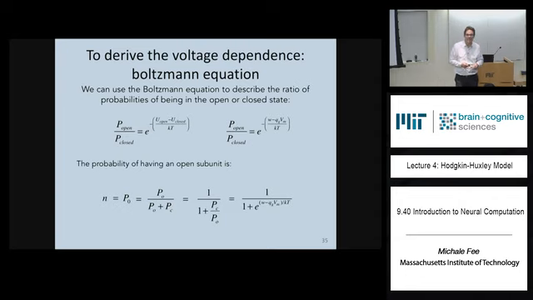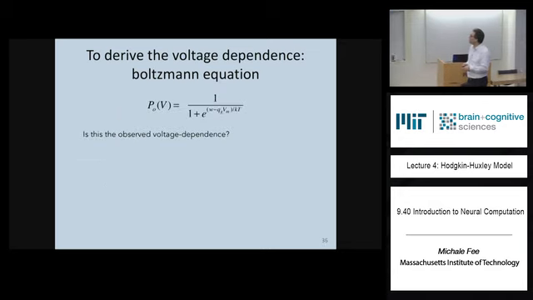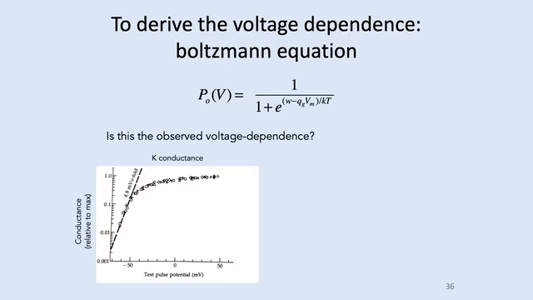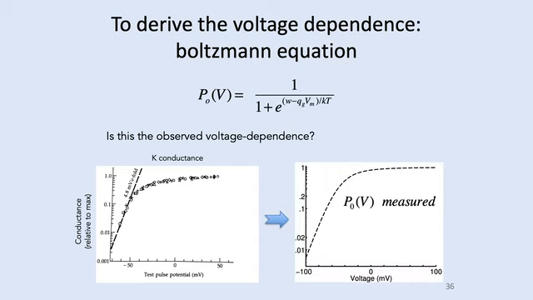All right, so now let's see how that compares to the actual answer. The probability of open is just 1 over 1 plus this exponential. Here's what that data looked like. Remember, that was the data for the conductance as a function of voltage. Here's a fit to a functional form that looks like that, and here is the prediction from Boltzmann.